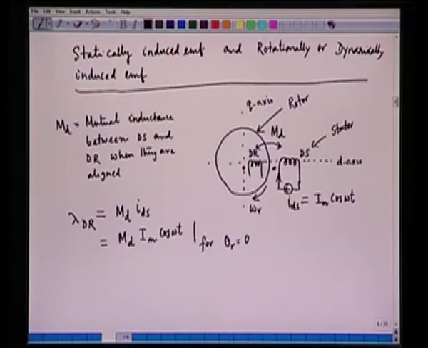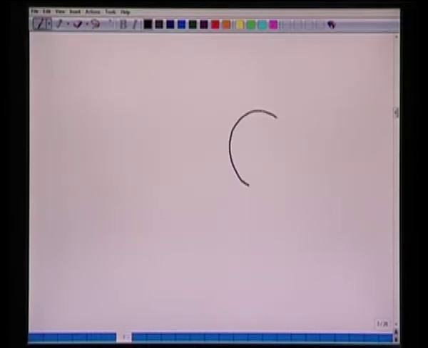Let me draw another picture here. This is the rotor, the center of the rotor, and then we have the d axis stator, which is excited with a current source, and this is the ds winding, and Ids is given as Im cos omega t.